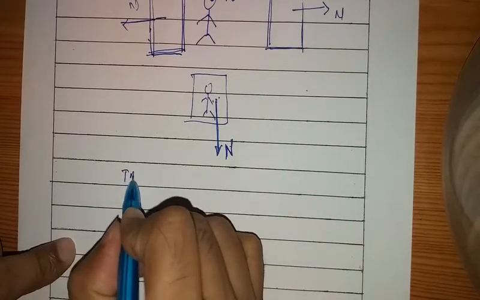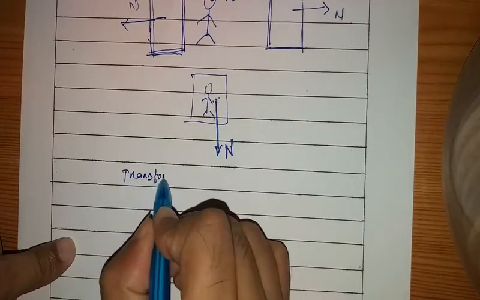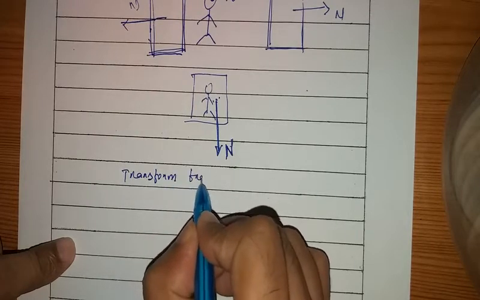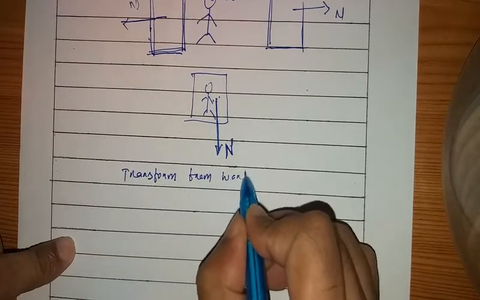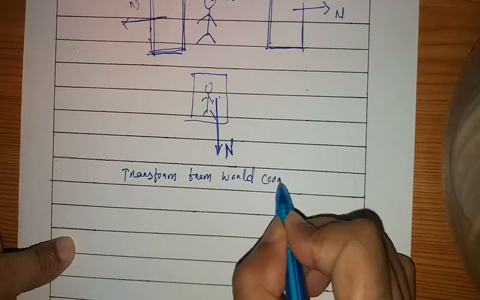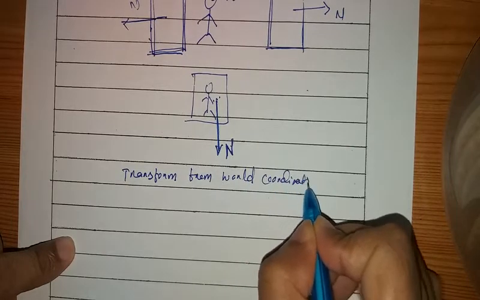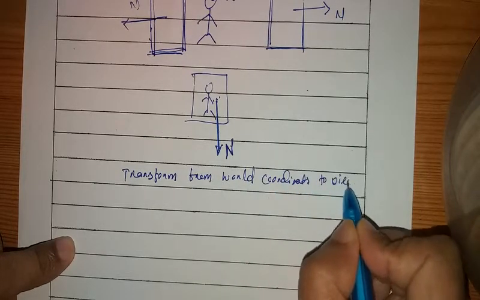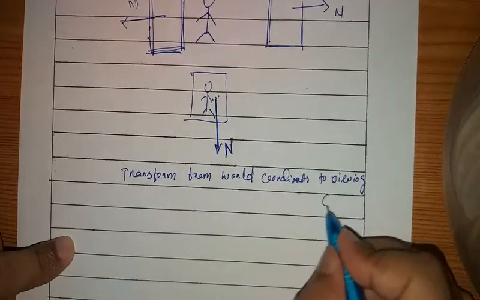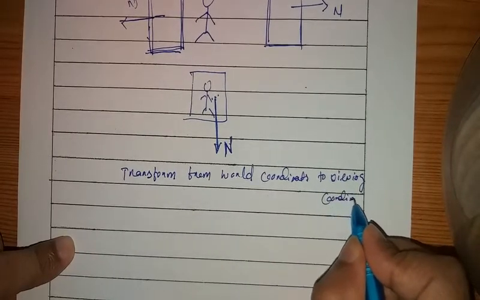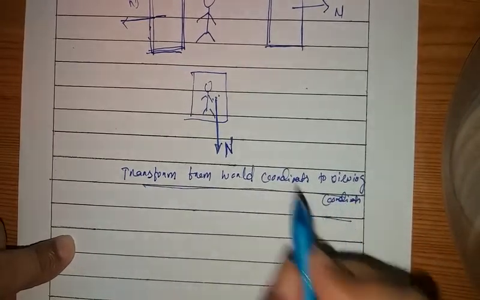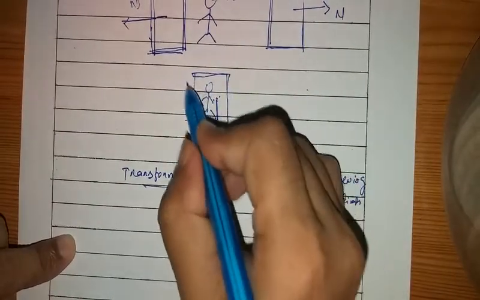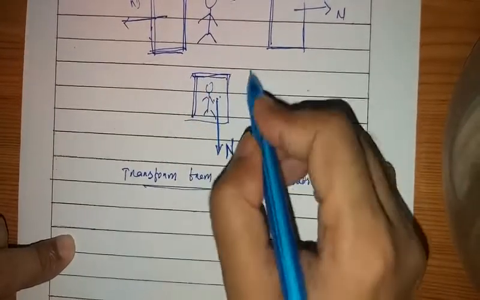Now you can transform from world coordinates, the real world coordinates, to view coordinates. Looking at this picture, this is our view coordinates, suppose this plane.